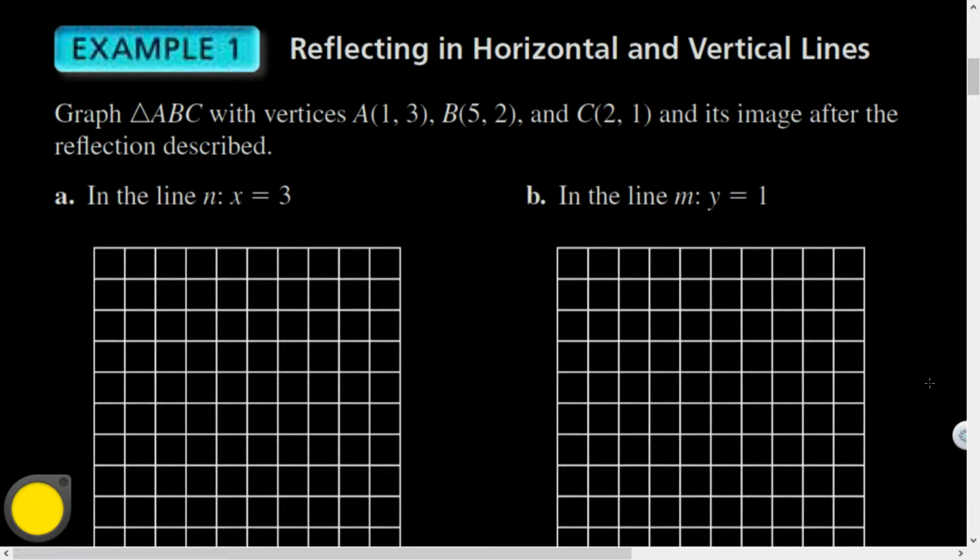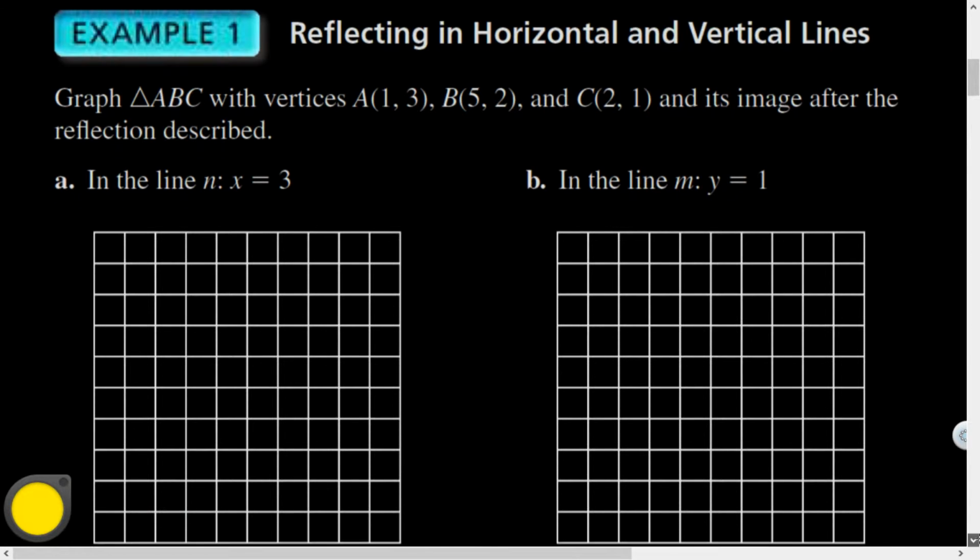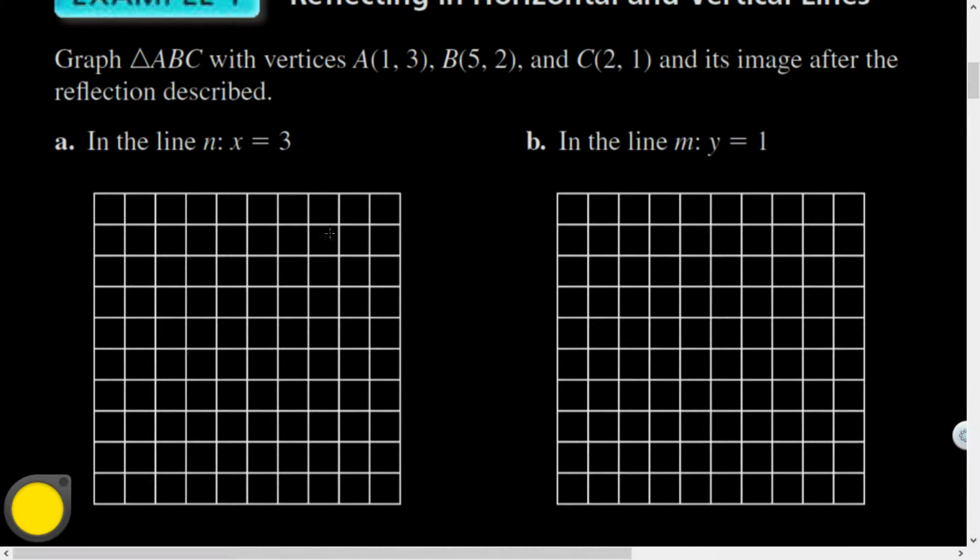Graph triangle ABC with vertices A(1, 3), B(5, 2), and C(2, 1), and its image after the reflection described. Interesting. I'm going to run out of space if I'm not careful here.